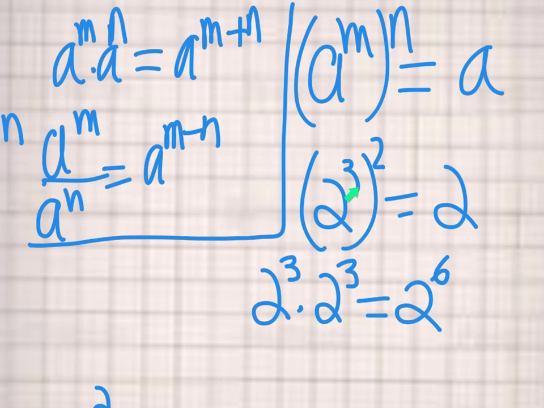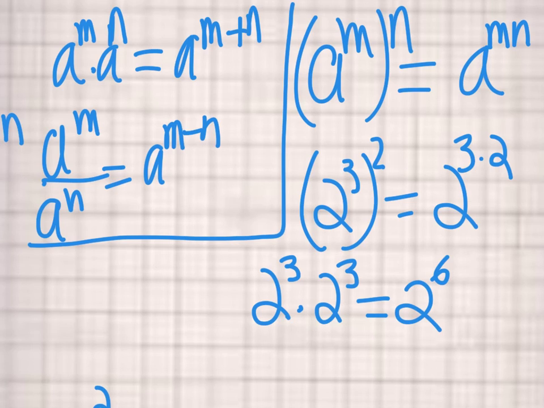Well, you guessed it, I multiplied them. So therefore, it's going to be 2 to the power 3 times 2. Now I can make a general case. A to the power m to the power n equals a to the power m times n. Wow.